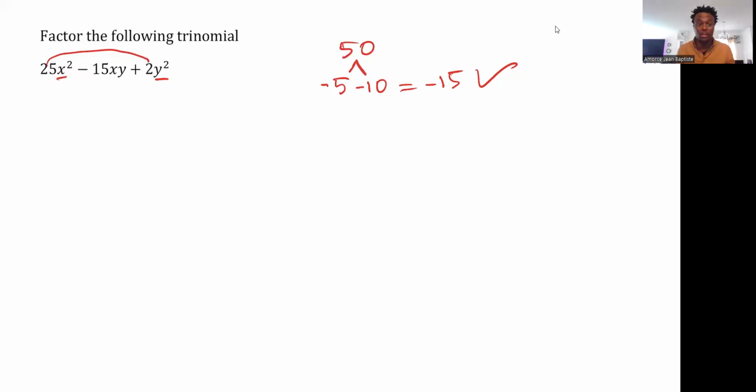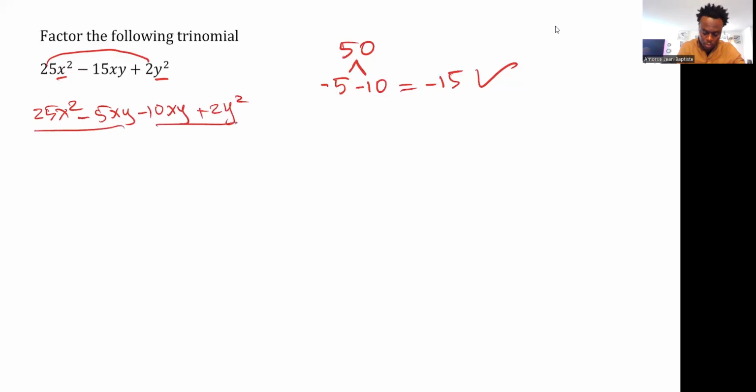You can do the direct factoring, but you'll be safer using group factoring. So that is 25x squared minus 5xy minus 10xy plus 2y squared.